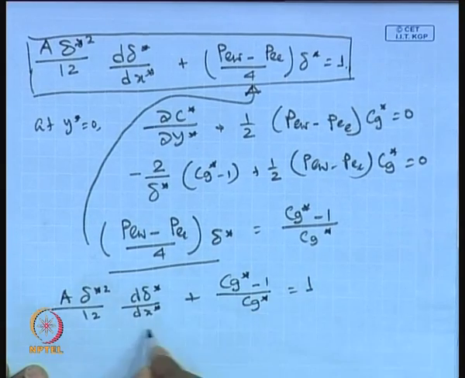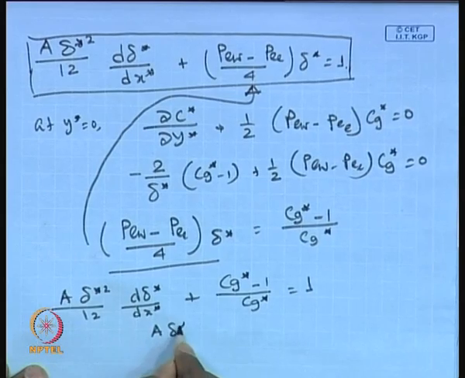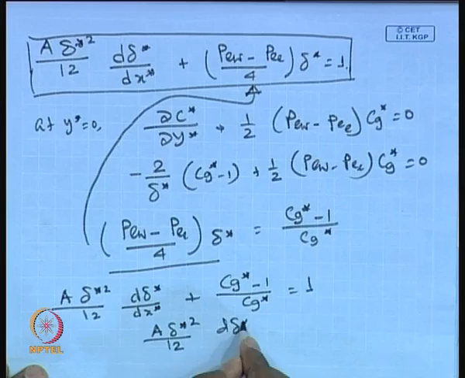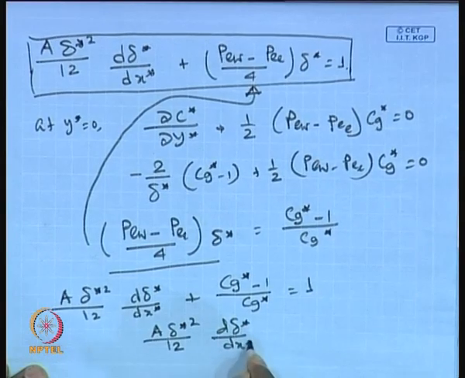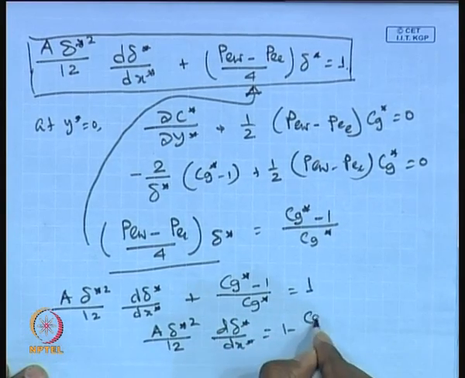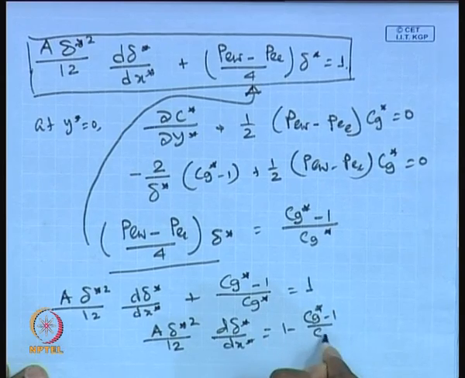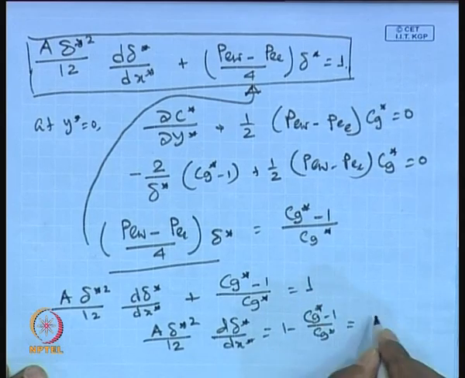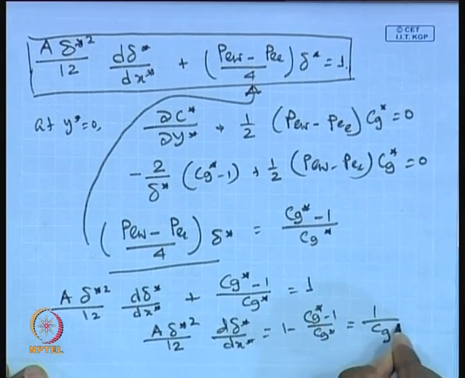So, you take it on the right hand side, you will be getting A delta star square divided by 12 d delta star dx star is equal to 1 minus C g star minus 1 divided by C g star. If you simplify this, C g star in the numerator will be cancelling out, it will be minus minus plus 1, this becomes simply 1 by C g star.